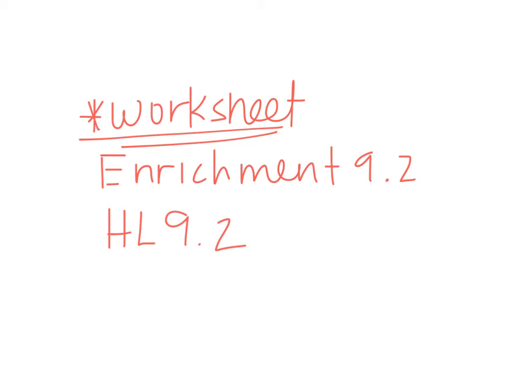It's already there, but I'm also going to enable you to print it. Then you're going to have the enrichment for 9.2 to continue practicing. And then finally, you'll have your home link 9.2. You did not need to do that yesterday. And only this worksheet at the top needs to be turned in to Seesaw. Good luck.